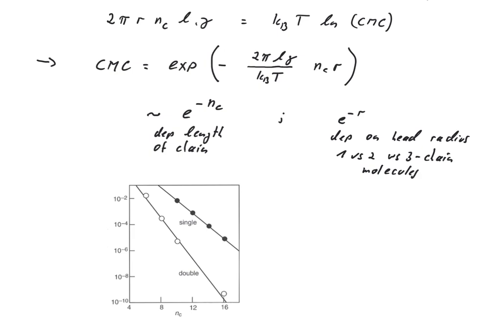Now, that part of the lecture explains how we can understand in terms of statistical physics how the critical micelle concentration comes about, and we also made a predictive model of how the critical micelle concentration, for example, depends on the length of the side chains.